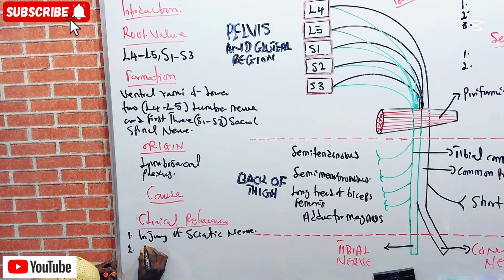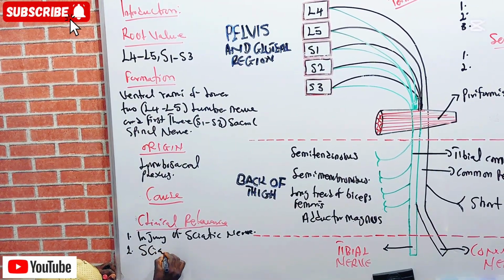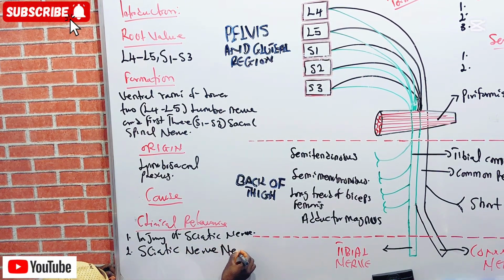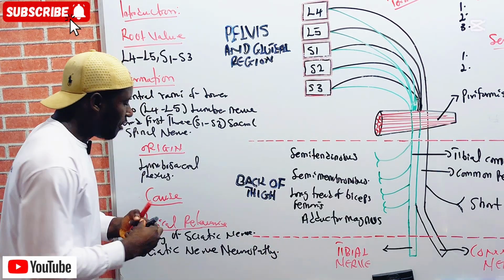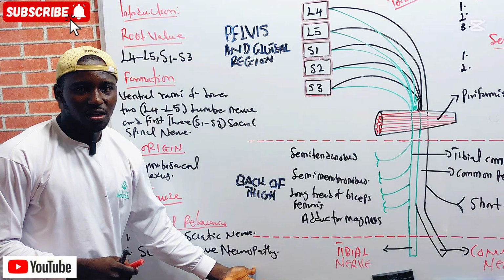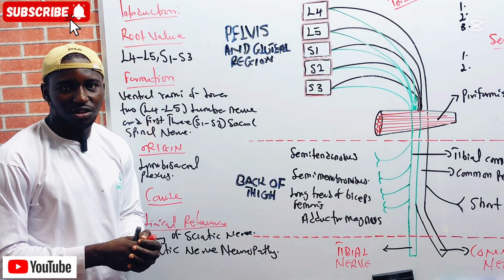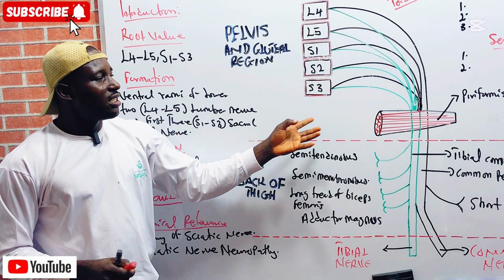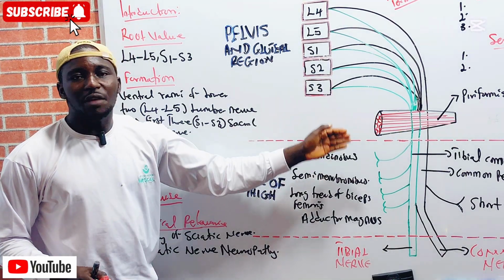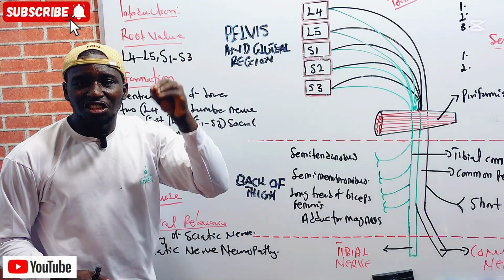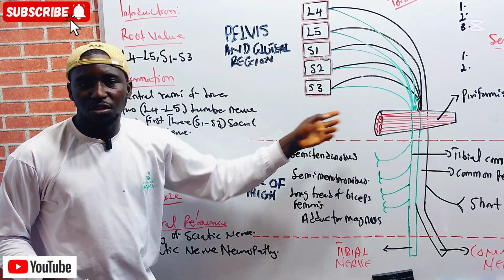So the number two is sciatic nerve neuropathy. Now, you have to understand that as the sciatic nerve is coursing in the pelvis, recall that it leaves the pelvis by passing through the greater sciatic foramen below the piriformis muscle.